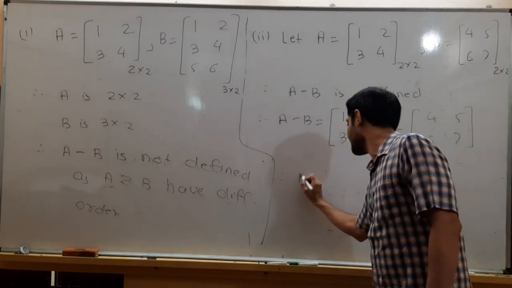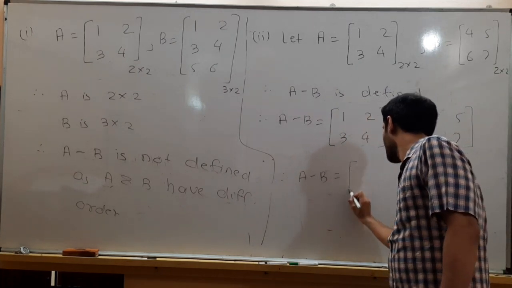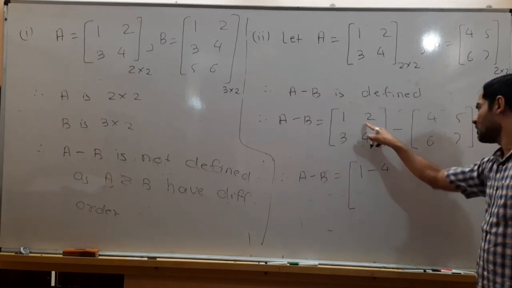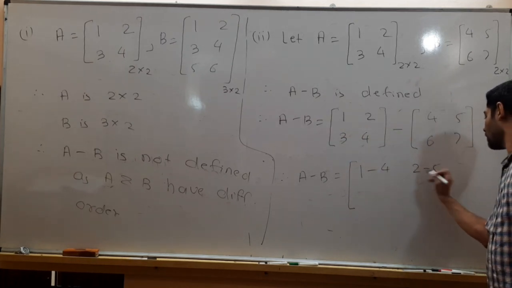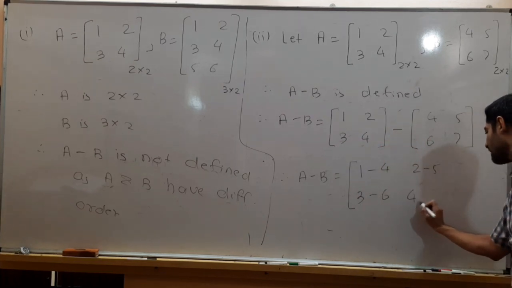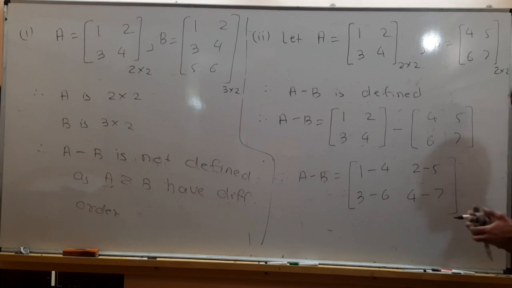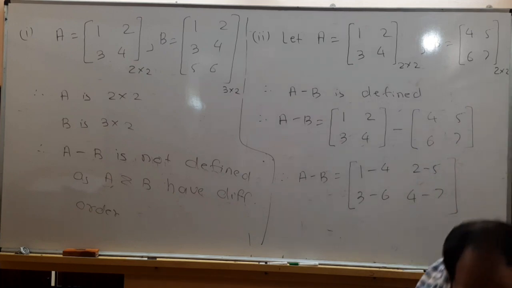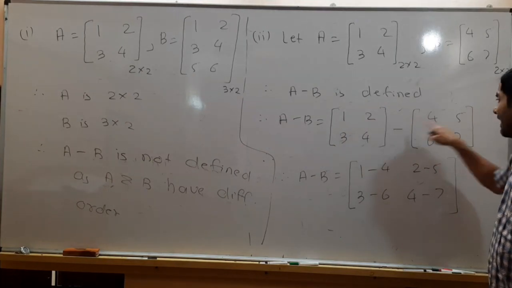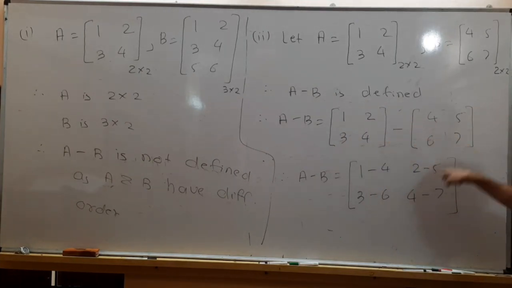So what is A minus B? Just subtract 1 minus 4, 2 minus 5, 3 minus 6, 4 minus 7. You just have to take the corresponding difference. You have to take the difference of the corresponding elements. So 1 and 4 difference, 2 and 5 difference, 3 minus 6, 4 and 7. So that I wrote.